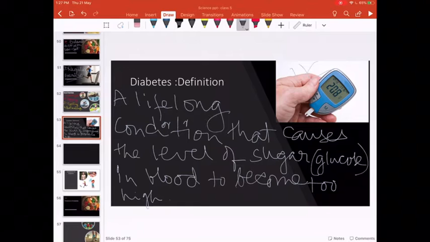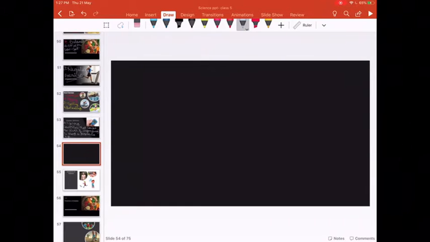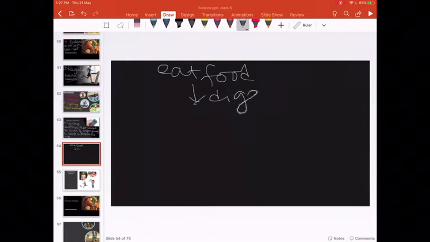Now, how do we get the glucose in our blood? What happens, you see, students? When we eat food, what happens to the food? Food gets digested. And where does the digested food go?